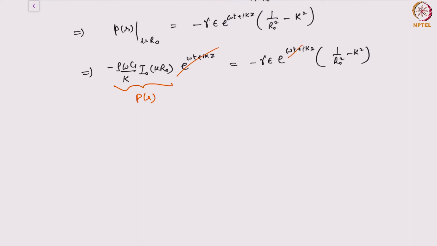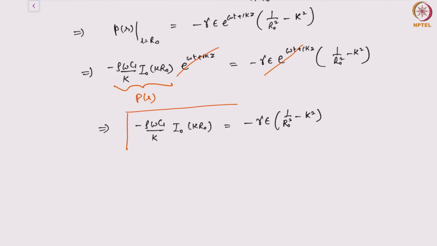I can cancel the epsilon terms out and I have a nice elegant relation, which is rho omega C1 by k of I naught of k R naught is equal to minus epsilon times 1 by r0 square minus k square. Right?